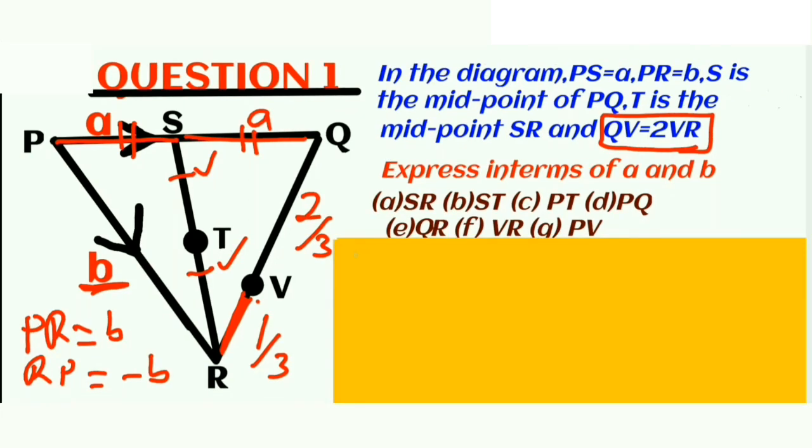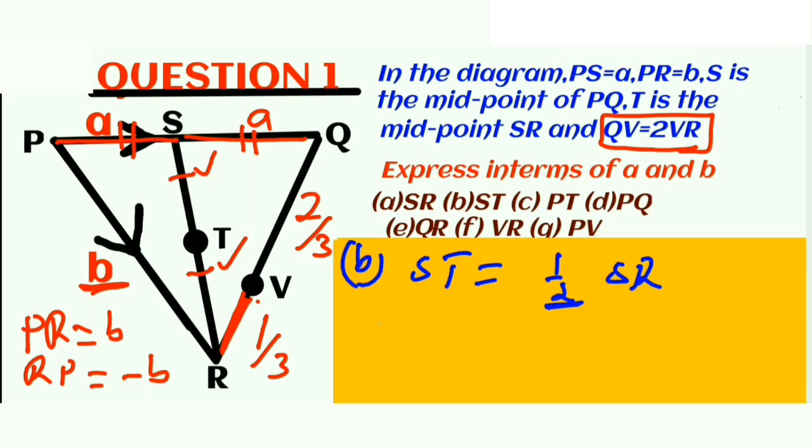Next question, question B. ST equals half of SR. This is because T is the midpoint. So midpoint means half.